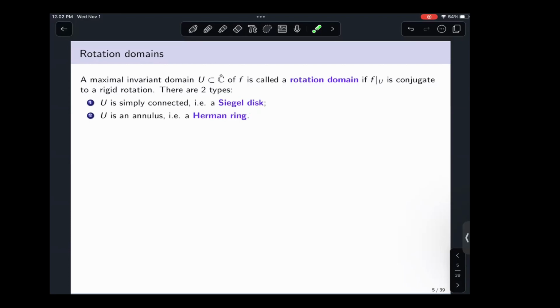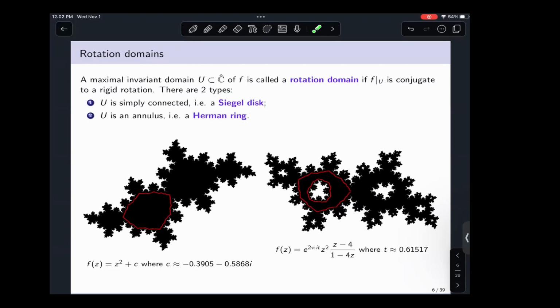Okay. So here are 2 examples of each of these 2. The one on the left here is realized by F equals z squared plus c. So this is the quadratic family. And then inside the quadratic family here, I have a fixed point whose multiplier I can make to be an eigenvalue of modulus 1.